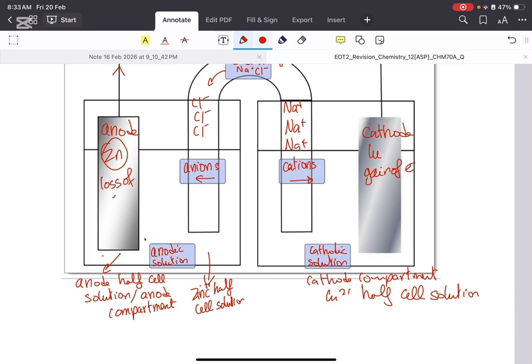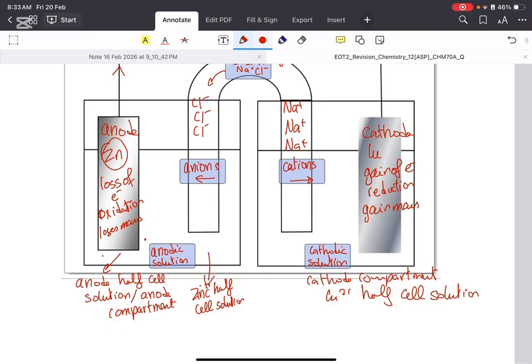Here, there's a loss of electrons. I have here a reduction taking place. Here I have an oxidation taking place. This is the electrode that is going to gain mass, and this is the electrode that's going to lose mass.